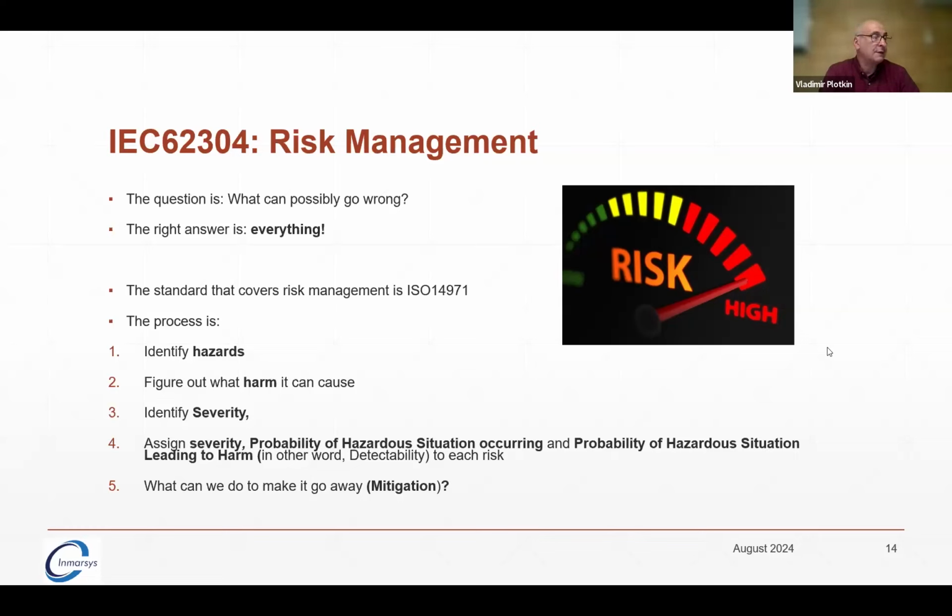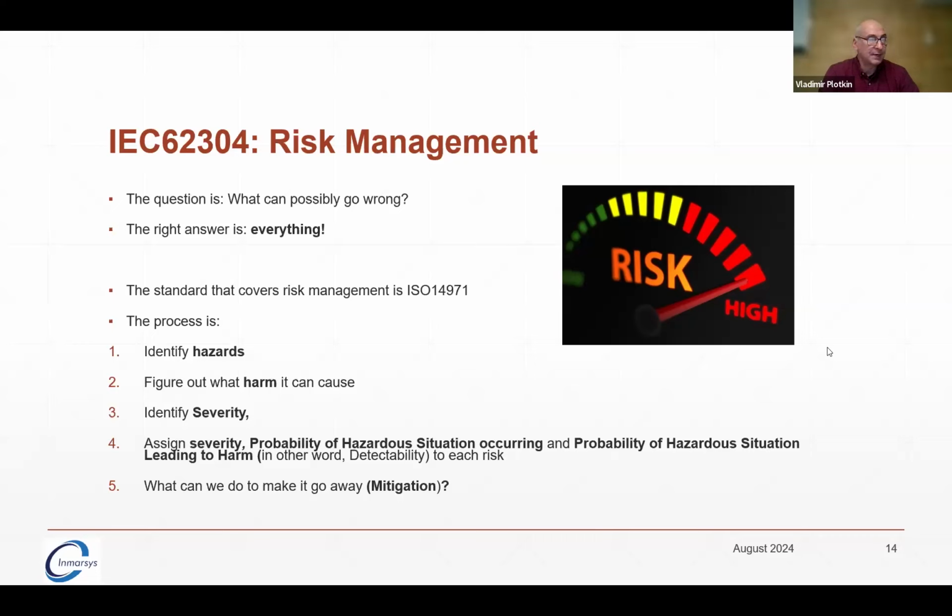Then you identify the software causes, you define hazards, you figure out what harm they can cause, but that activity will probably also involve QA people and risk management people. Sometimes the same person, sometimes different, it depends on the company structure. So you'll be working closely with QA and risk management teams when you're creating your software risk analysis.